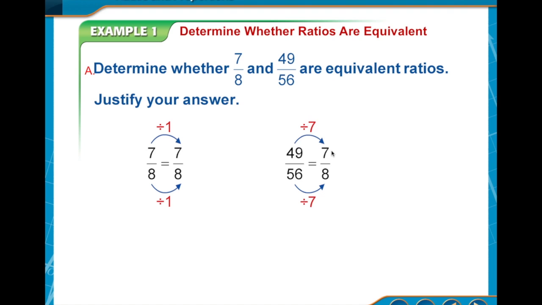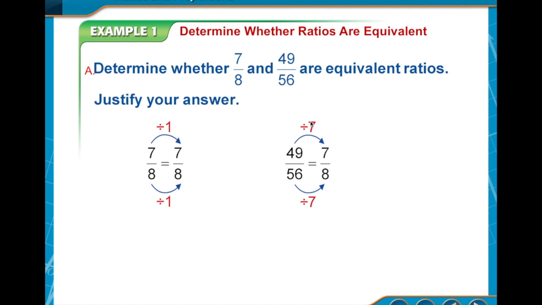And we can double check that because 7 times 7 is 49. So that works. We have to use the same number that we did in the numerator for the denominator. So we divide 56 by 7 and we get 8. We can check that because 8 times 7 is 56.